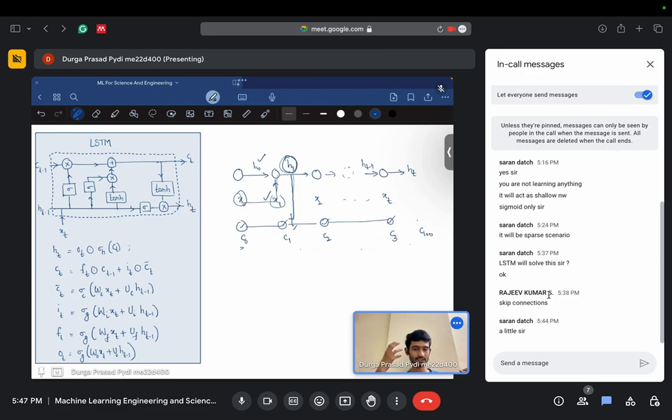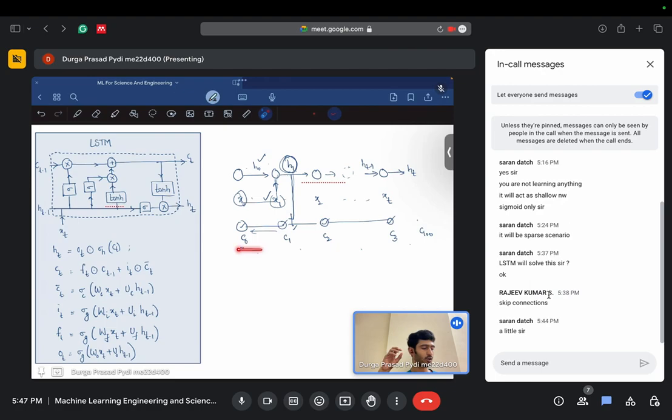The only thing we are saying is that by using LSTM we are able to mitigate the problem, because previously going from H1 to X0 you had one nonlinearity, and X1 to H0 another nonlinearity. Instead of these complicated paths, we have a single path, C0 to C1. This only reduces the problem, but the vanishing gradient problem can still exist in LSTM, especially when you have a very long sequence.